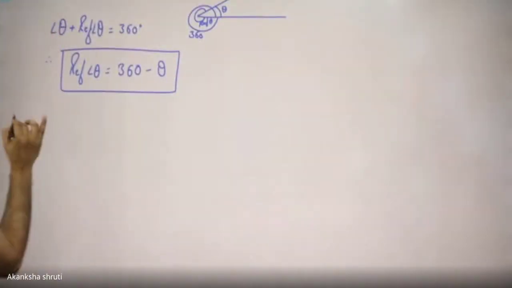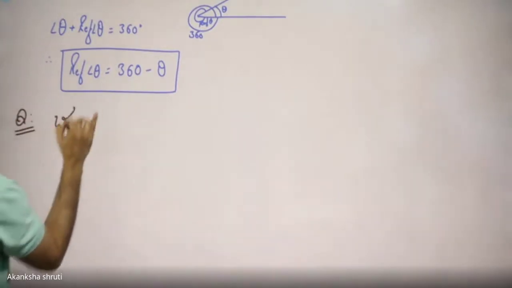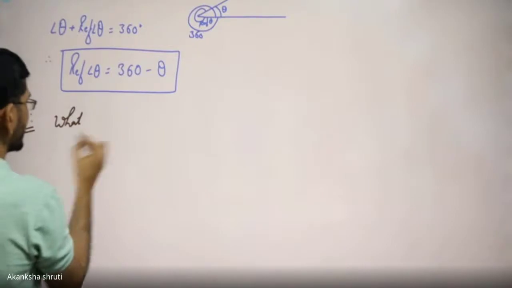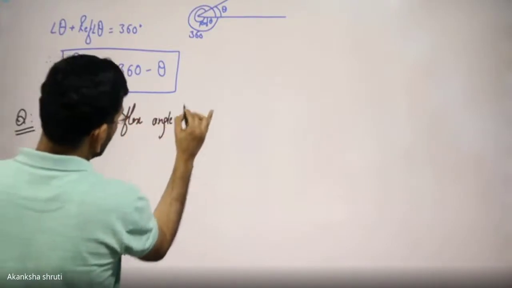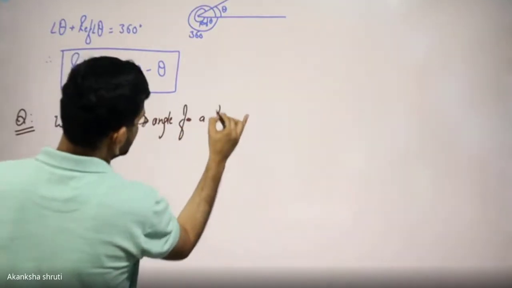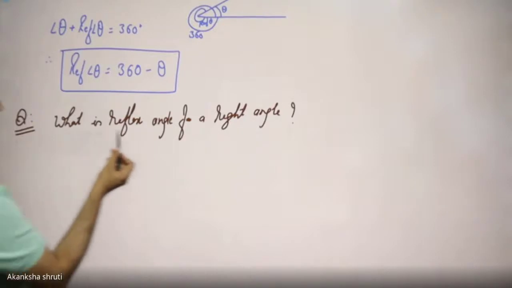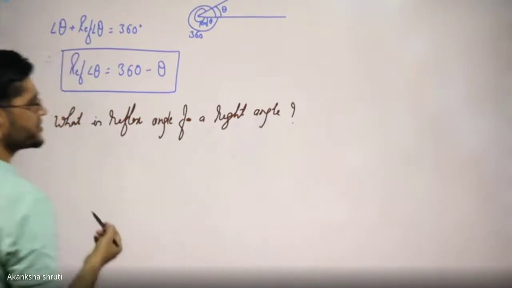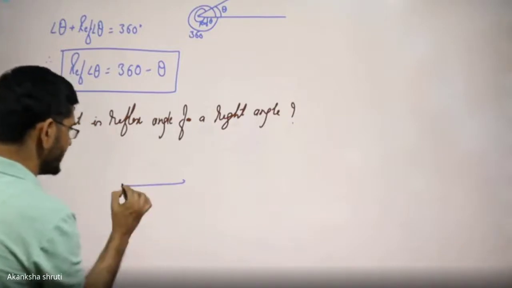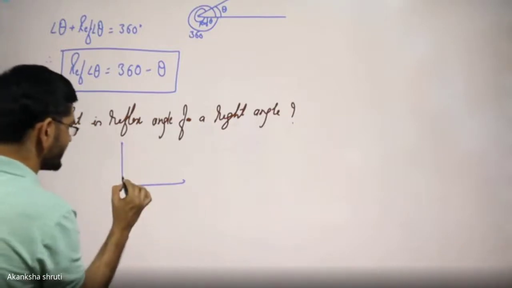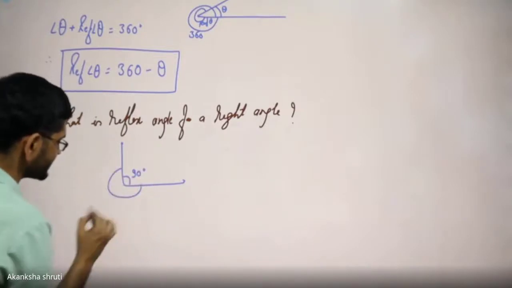Students, a very simple question is asked. What is the reflex angle for a right angle? We know that a right angle simply means the angle is 90 degrees. So what will be the reflex value?